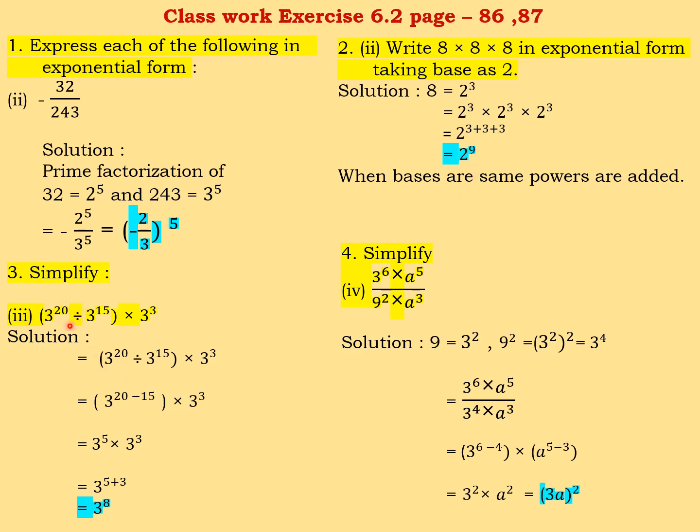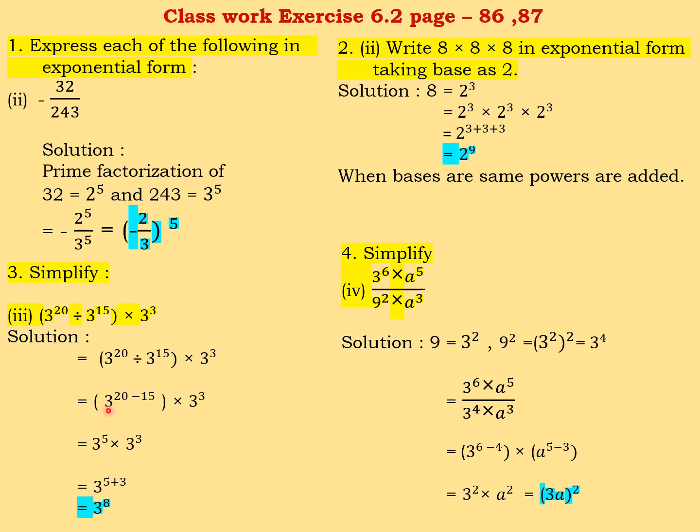Question number 3, subpart 3. 3 to the power 20 divided by 3 to the power 15, into 3 to the power 3. First we will solve what is given in the bracket. In the bracket we have 3 to the power 20 divided by 3 to the power 15. Remember the rule, when the bases are same and division is happening, we will subtract the powers.